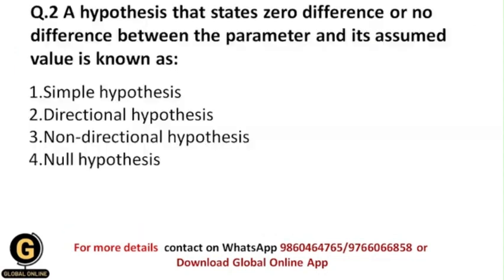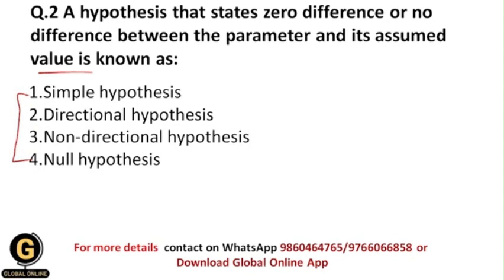Okay, now next is a hypothesis that states zero difference or no difference between the parameter and its assumed value is known as. So now here they have given us different types of hypothesis. So from these types of hypothesis, which is the hypothesis which states that there is zero difference or there is no difference between the parameter and its assumed value.